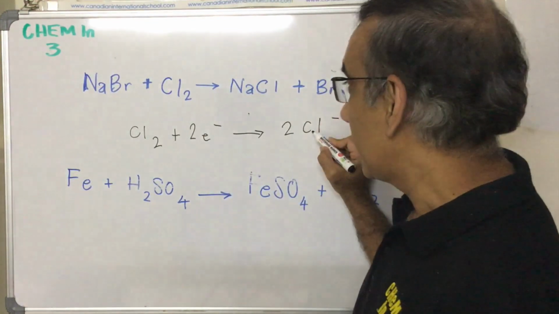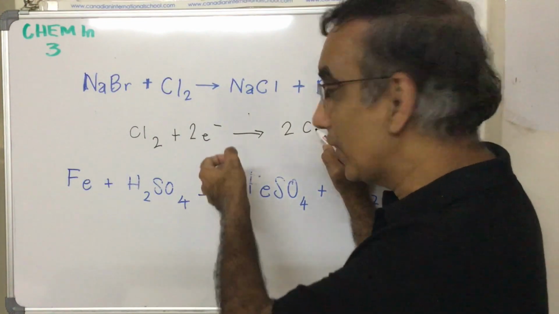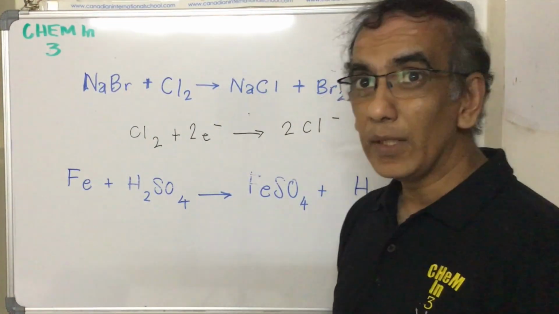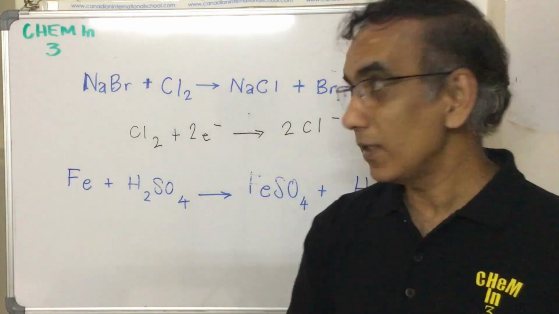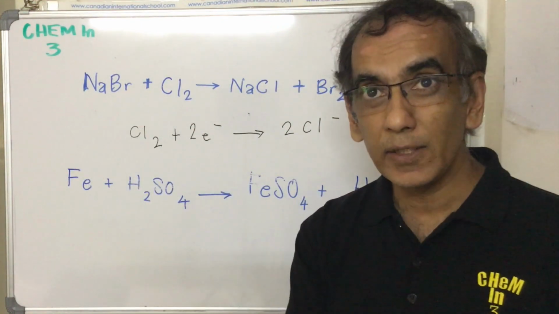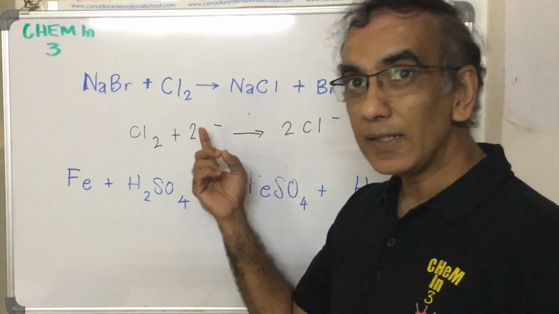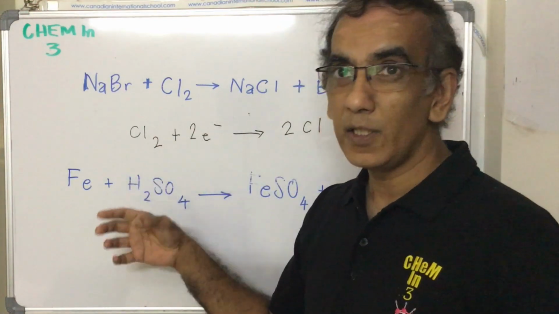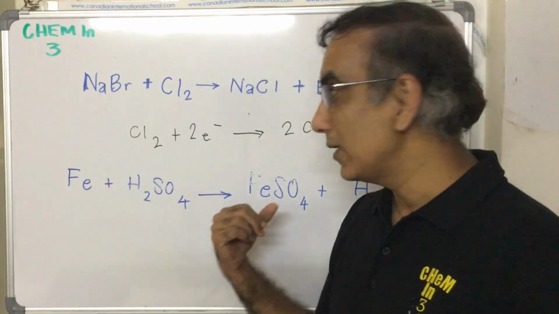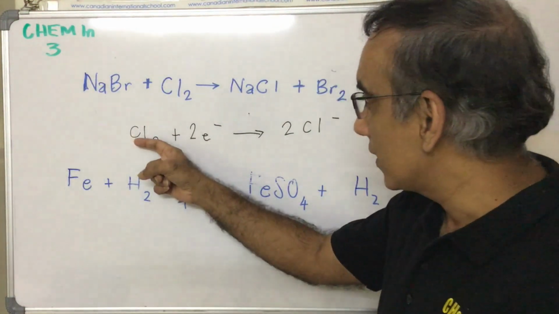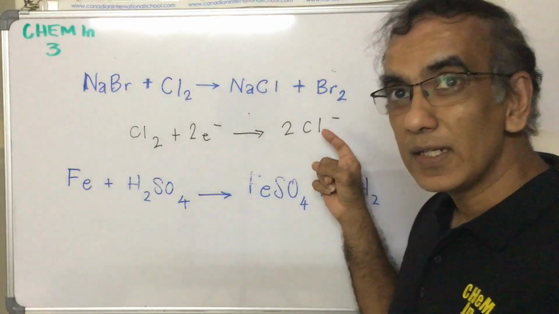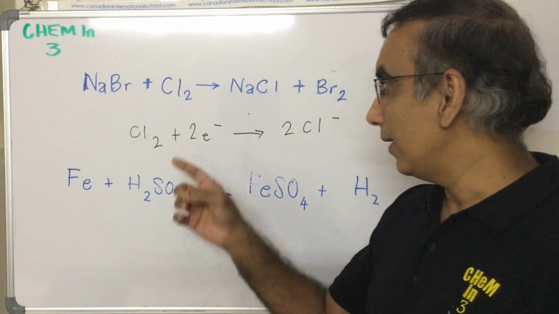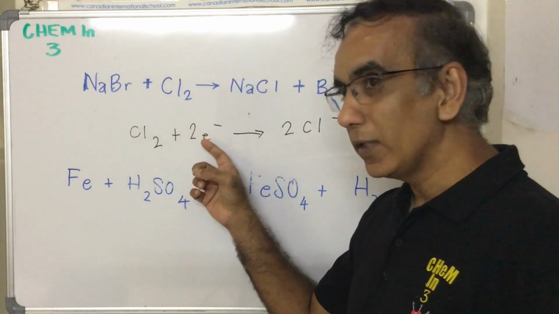It's reduced, and of course, if it's reduced, it's behaving as an oxidizing agent, because when another species, the bromine, loses electrons, the chlorine is there to gain those electrons, and in so doing it's reduced, but it's behaving as an oxidizing agent, going from oxidation state 0 to oxidation state -1, a fall in oxidation number, and that is characteristic of reduction.